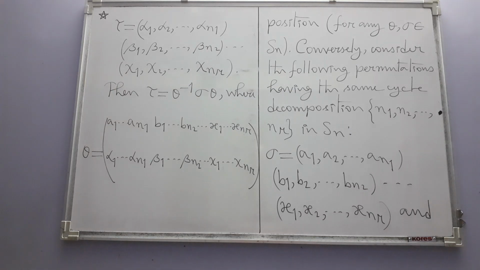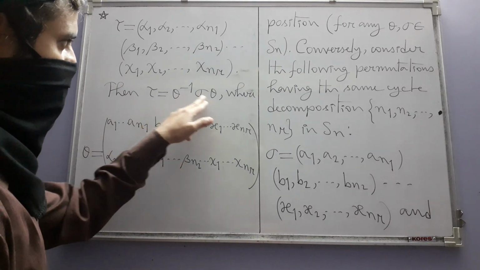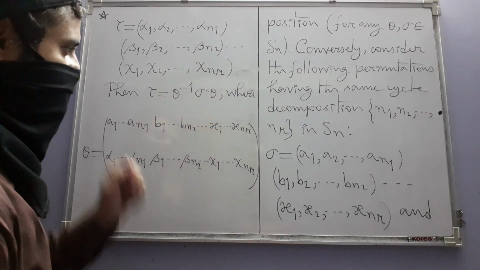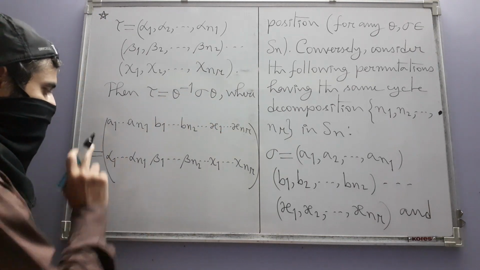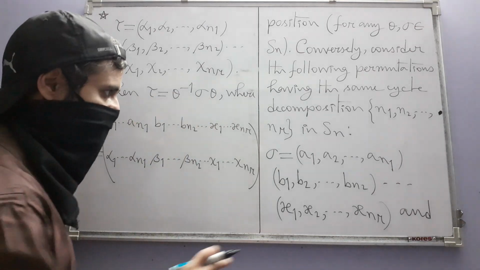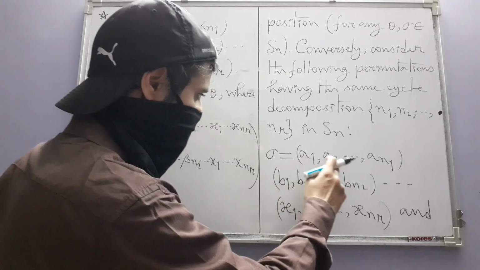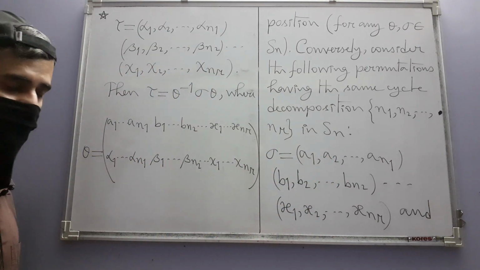So this is theta. Do you see that with this theta, if we form this conjugate, then we will get tau? That's because this theta tells us that when we form theta inverse sigma theta, we have to replace each symbol of sigma by the symbol that theta is giving us.